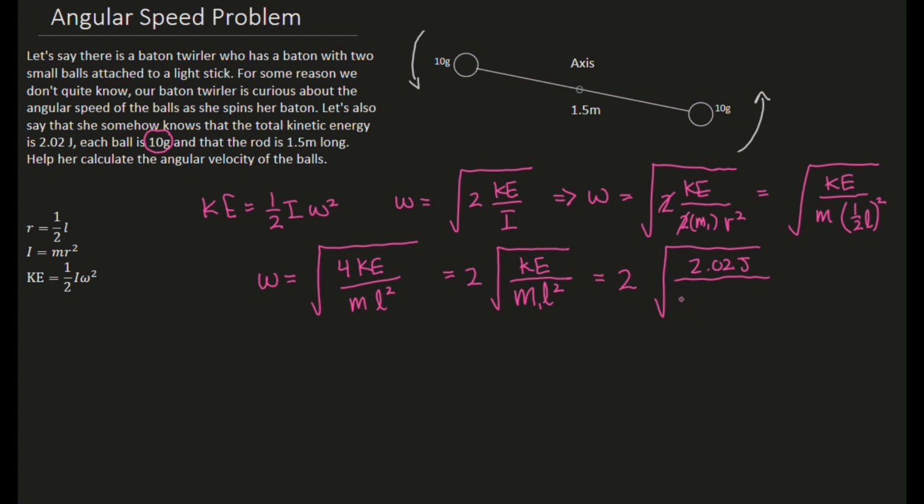So 10 grams is 0.01 kilograms, and then I'm going to multiply that by the length, which is 1.5 meters, and I square that, and that gives me 18.95 radians per second. And this is the angular velocity of our balls at the end of that rod.